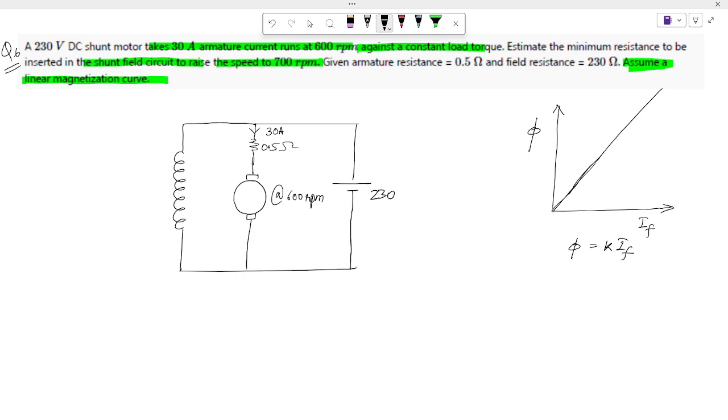This is 230 ohm. That means 230 by 230, that is 1 ampere it is drawing. Okay. So can I write what will be the value of EB at 600 rpm?